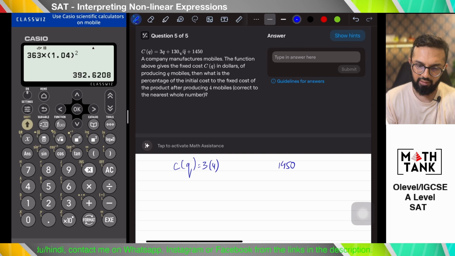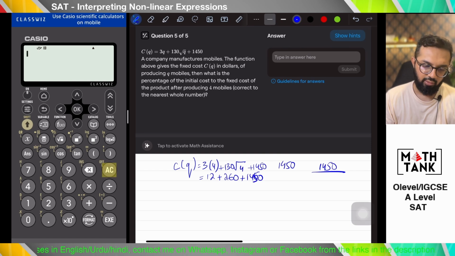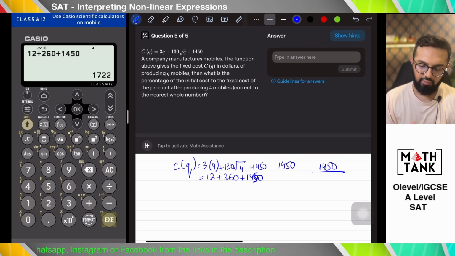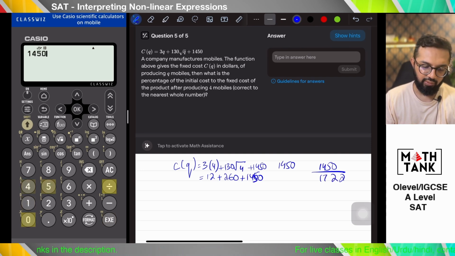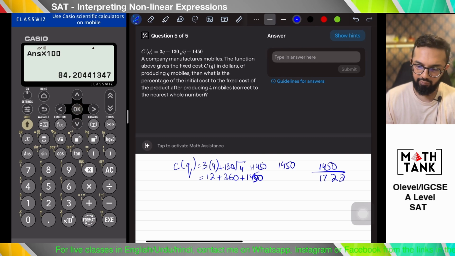If I produce 4 mobiles, my fixed cost is also going up, which is weird. 12 plus 260 plus 1450 is 1722. 1450 divided by 1722 multiplied by 100 is 84.